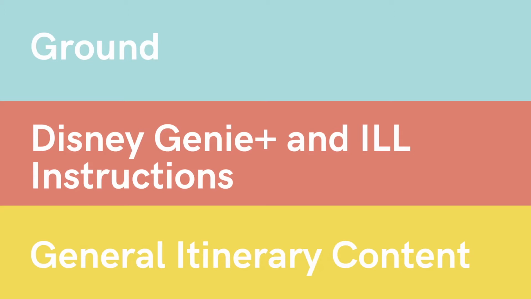I really have two different ways of approaching this depending on how much information I have already shared with the client, and I'll show you that as we go along. And then general itinerary content. I do recommend creating a template for, let's say, Walt Disney World with little ones, maybe Walt Disney World and Universal with teenagers, and then a Walt Disney World or Universal adults only.